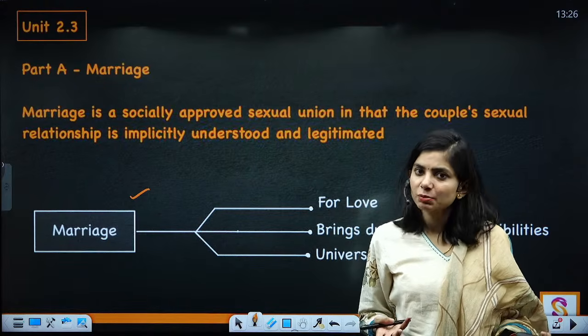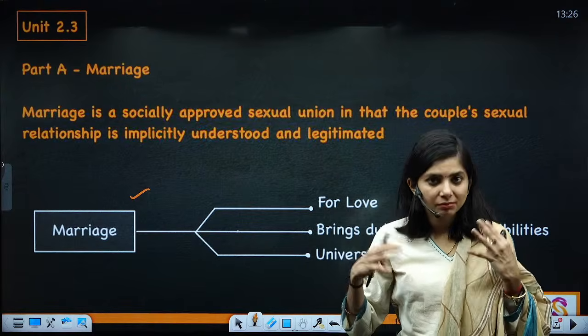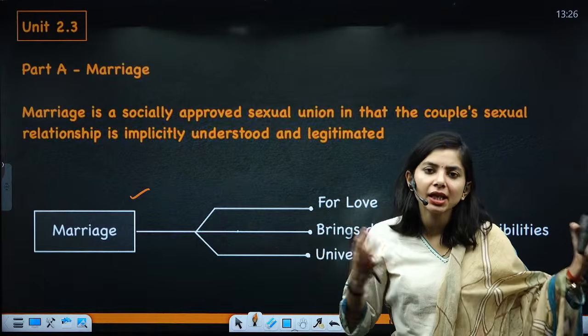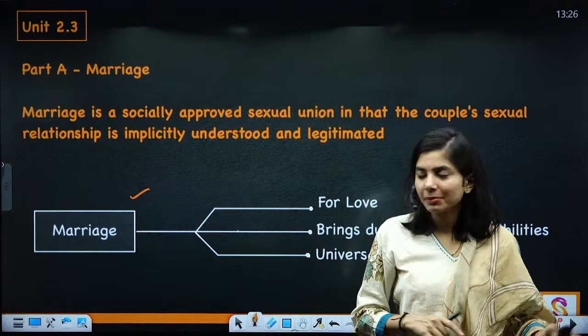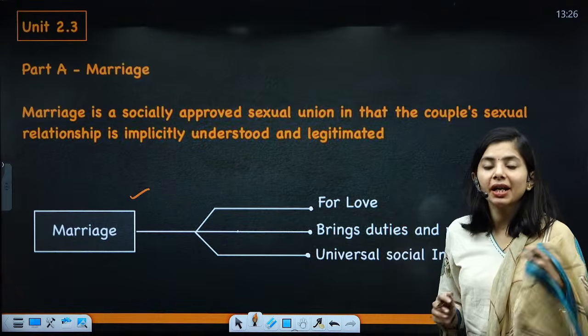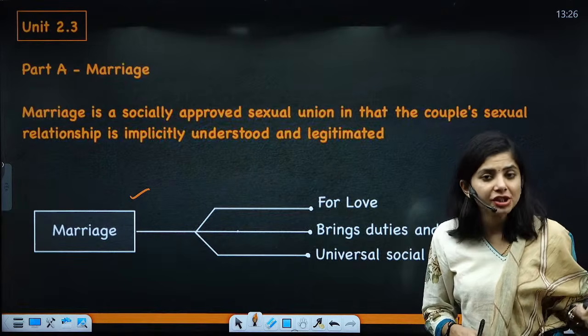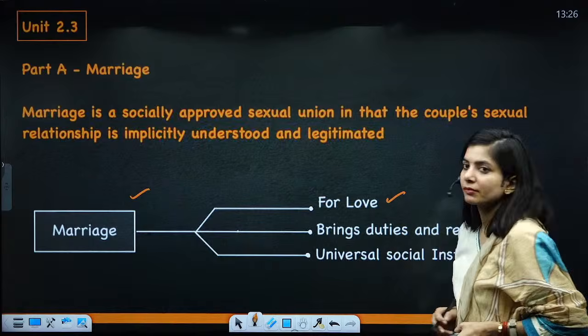Marriage is bringing responsibility for sure. Marriage is bringing a change for females. In the majority of cases, it is bringing a major change in the life of a female. I'm not saying not for males, but a major change for the female. But still people are doing marriages, and this is being considered a social rule. Why? Because people are doing marriage for love.